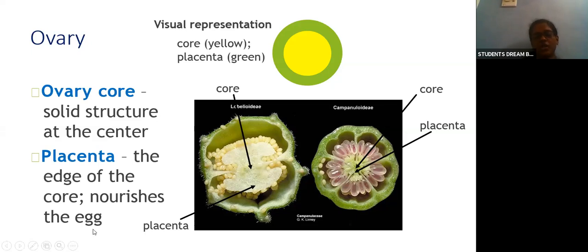This will nourish the egg. Clear? For visual representation, you can see here the core in the middle and the placenta around it. Here also you can see. Clear?